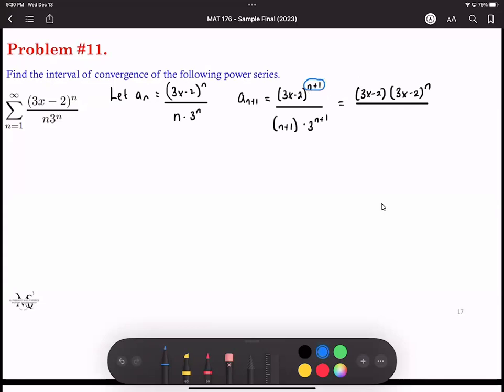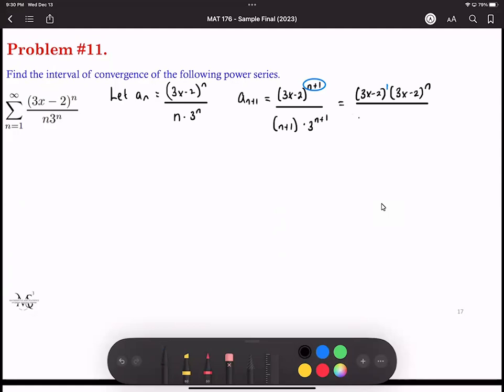If you notice, you're applying the power rule for exponents backwards. As long as the bases are the same, you can add the exponents. So you can split your exponent as a product of your base raised to one of the powers times your base raised to the other power, right? Our powers here were n and 1 respectively.